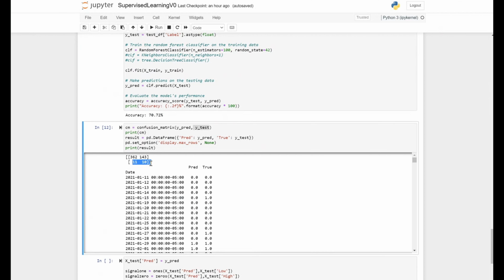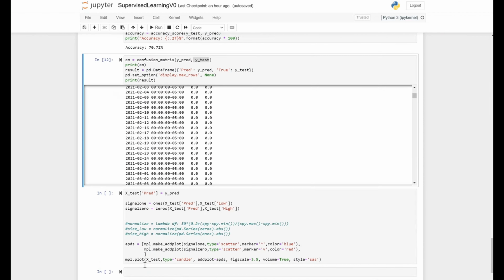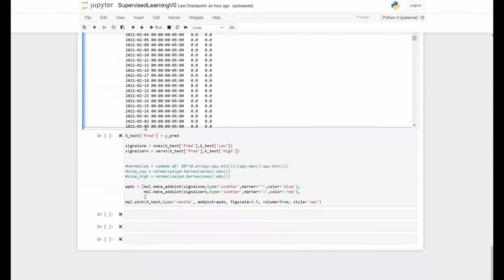So we want to visualize the predicted values with the test records to see what days the model predicted as good days. And from the visualization perspective, we want to say whether it's a good model or not. So after we generate the confusion matrix, here we just want to visualize the daily records in the testing data set with the predicted label, right?